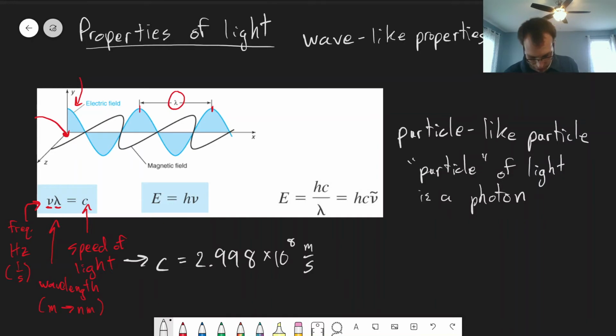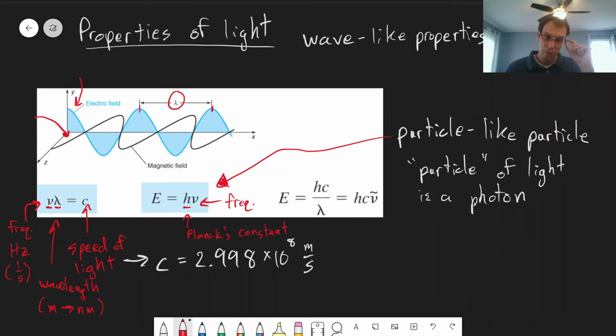And this particle-like nature is summarized in this equation here, E equals h nu. The amount of energy in a given photon is given by a constant called Planck's constant, times the frequency of that light. So this relates our wave picture and our particle picture. This is the same frequency that's in the other equation.